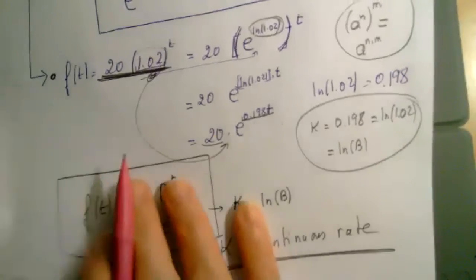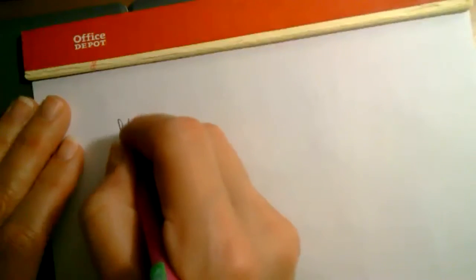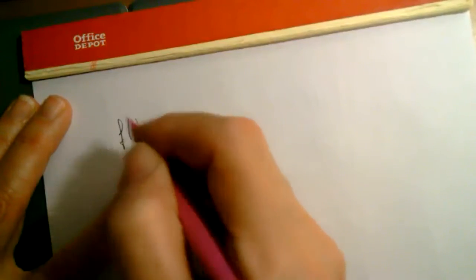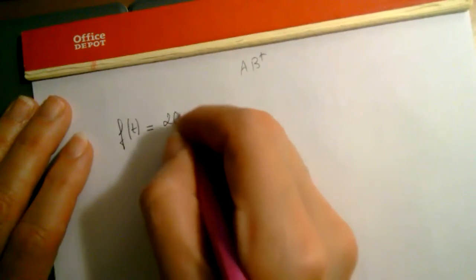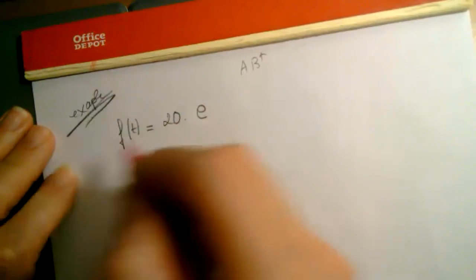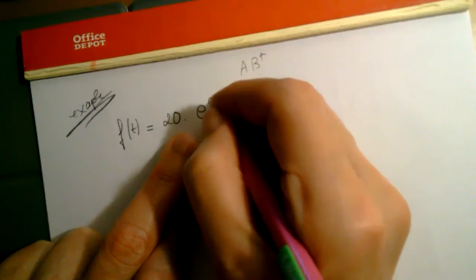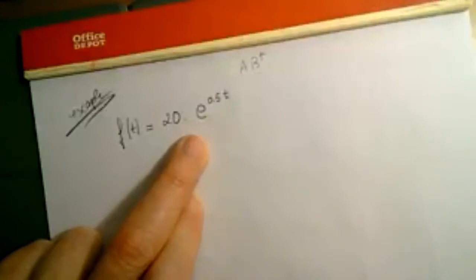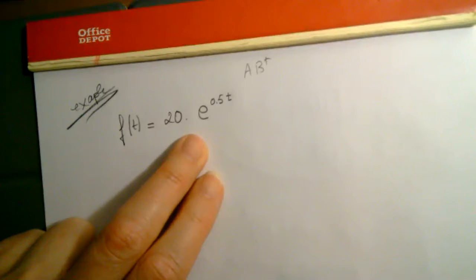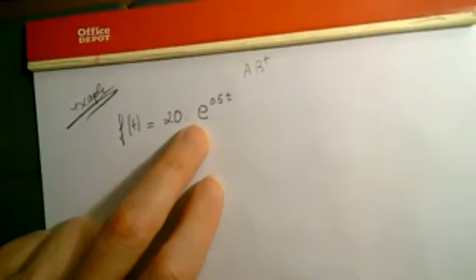Now, suppose somebody tells me you have an exponential function, f of t, but they did not give it to me in the form a times b to the t. They tell me this function has the form 20 times e to the power 0.5t. I'm going to go backward now. We haven't seen an exponential given this way so far.